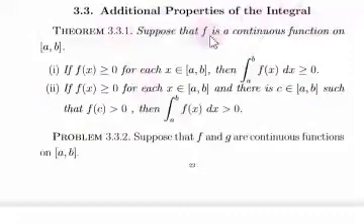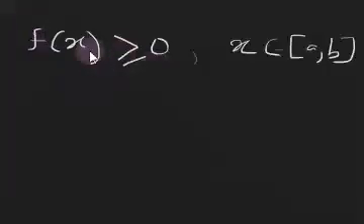Suppose f is a continuous function on closed interval AB, and f is non-negative on this interval. Then the integral of f over AB is also non-negative. So this is very clear. Why? Because f is non-negative over this interval.